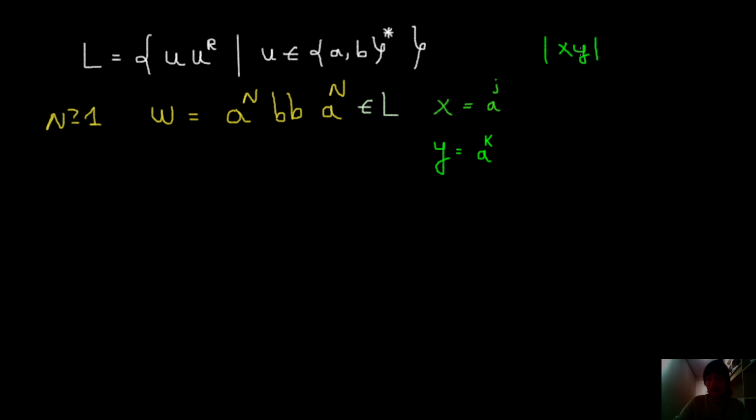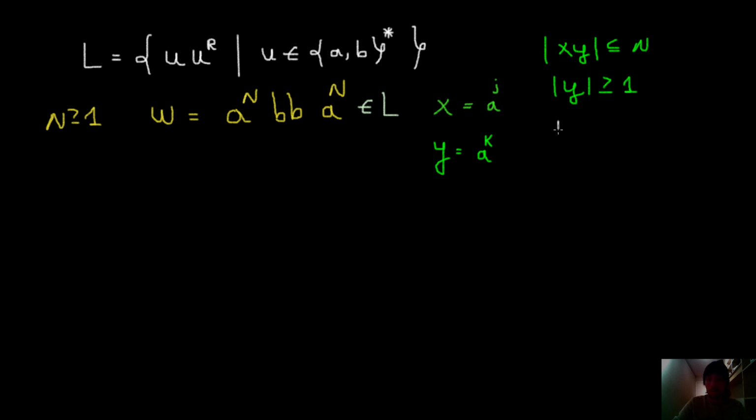The concatenation of these two subwords needs to be less or equal to n, and the length of y needs to be greater or equal to 1. So essentially what this is saying is that this value k also needs to be greater or equal to 1, because if k is 0, then the length of y would be 0, and this is not possible. So k also is greater or equal to 1.